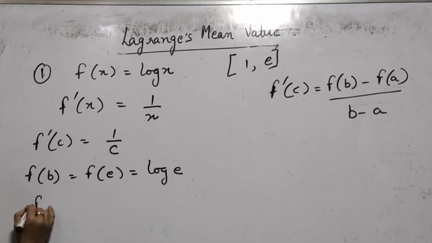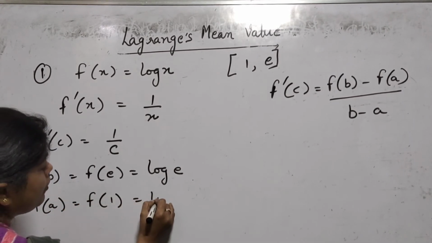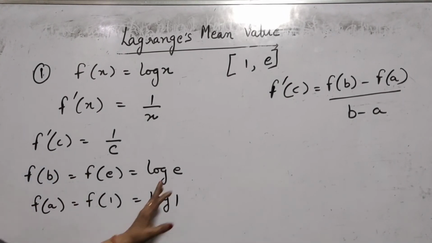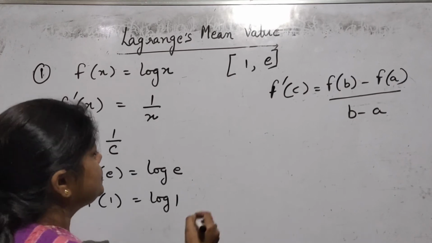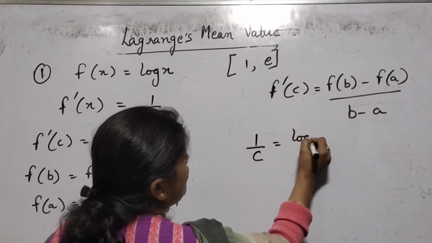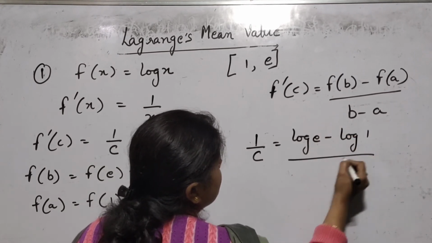Now f of a, which is f of 1, is equal to log 1. Now I am going to substitute all the values in our condition. So we get f dash c, 1 by c, is equal to log e minus log 1 over e minus 1.